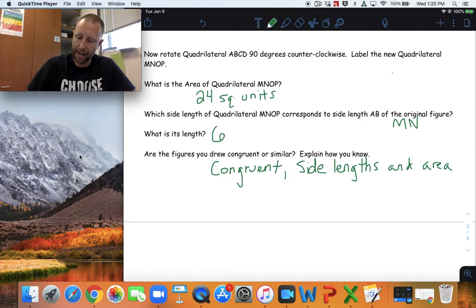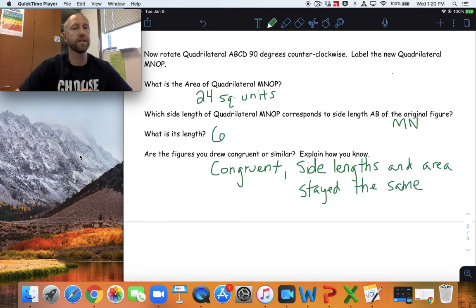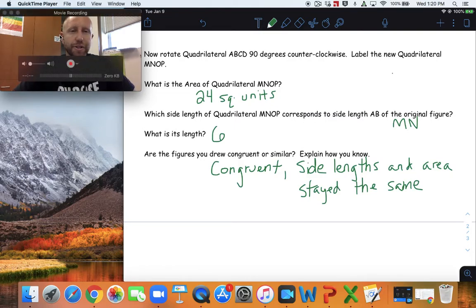Side lengths and area stayed the same. Remember, we would have put that they were similar if the side lengths and area would have been proportional, right? But since they were the same, we know our shape is congruent. All right, if you have any questions, make sure you ask your teacher.